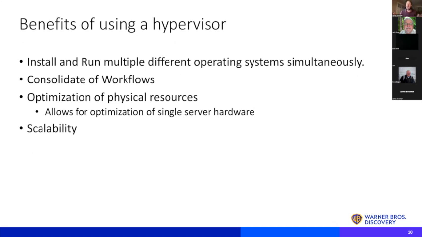Otherwise, it's just set idle and unused. Now with this hypervisor, I can put 20 machines on one machine, and now I can take full utilization of all the resources a machine has to offer. It's also scalable. It's super easy just to purchase another server and put it into the stack and instantly gain 20 more edit stations.